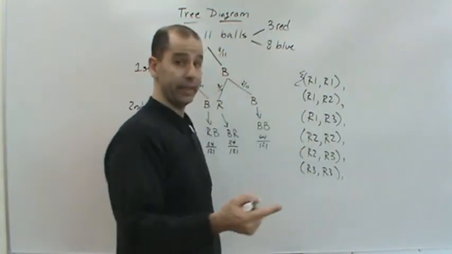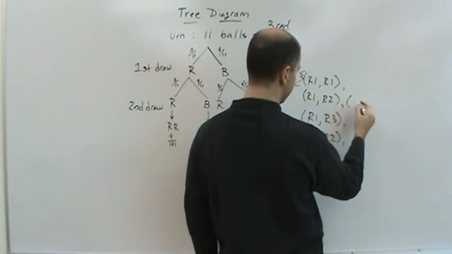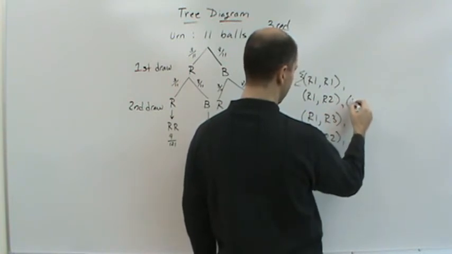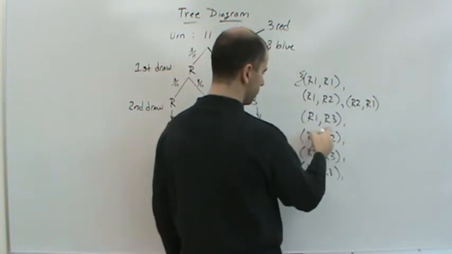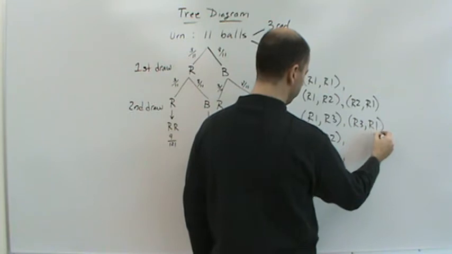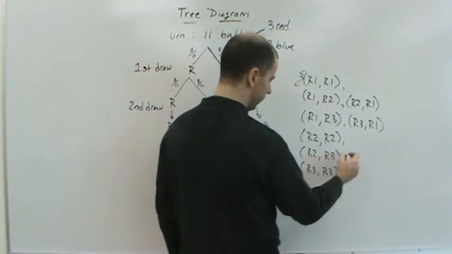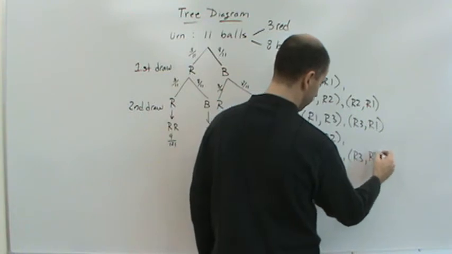Now the last 3 is I'm going to switch some of these. So I can switch these, so I can get this one, right? So that's going to be R2, comma, R1. That's one way. I can switch these two, so I could get R3, comma, R1. And then this one here, I could switch. So that's R3, comma, R2. Okay?